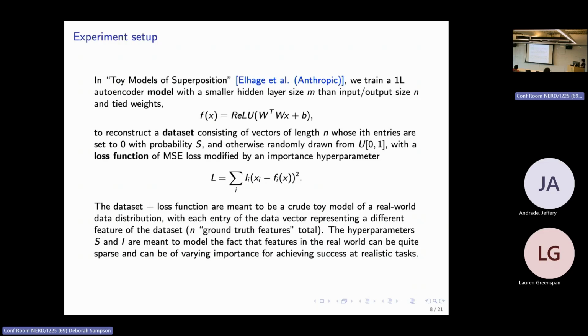And we train this autoencoder with a loss function that's MSE loss modified by an importance hyperparameter that makes different components of the data vector be of different importance for minimizing the loss.